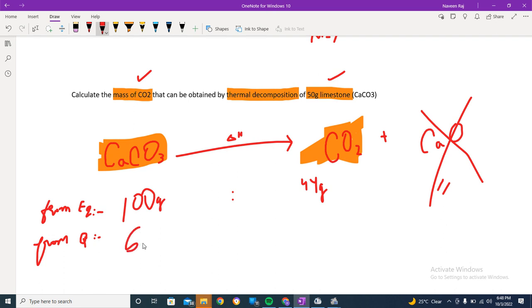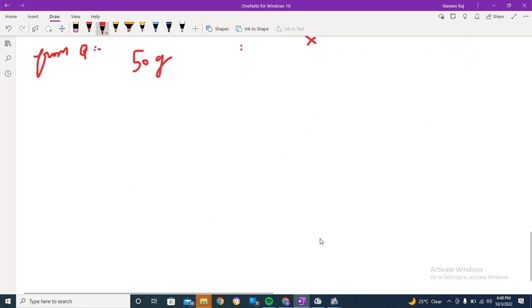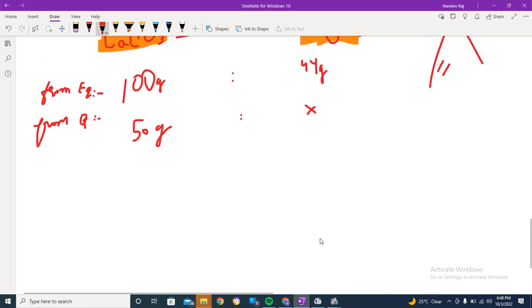The question is saying we have 50 grams of limestone, and we need to find the CO2 produced. This is the question mark. We will consider the question mark as x, the unknown value.